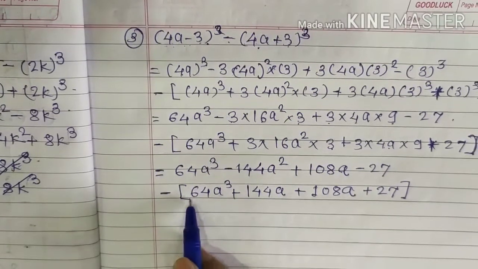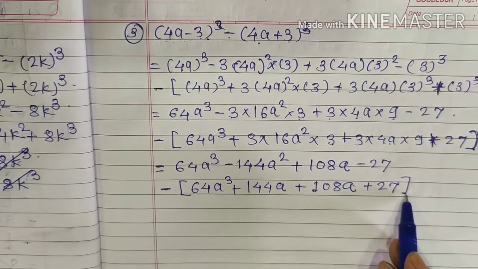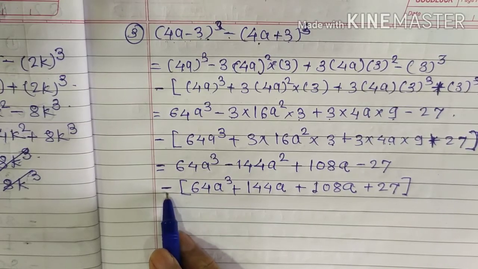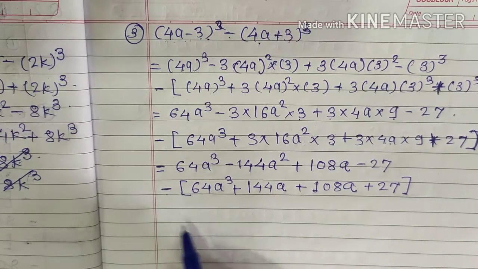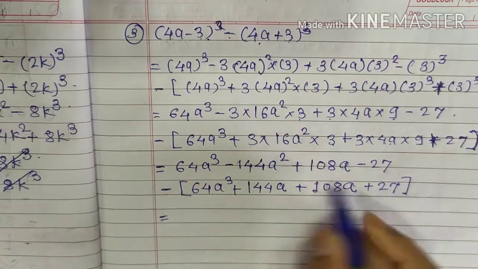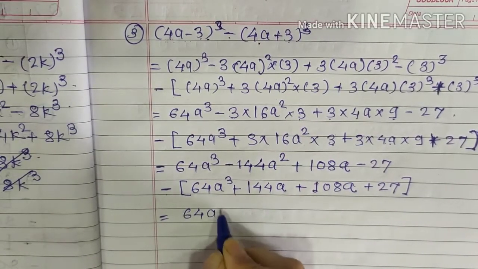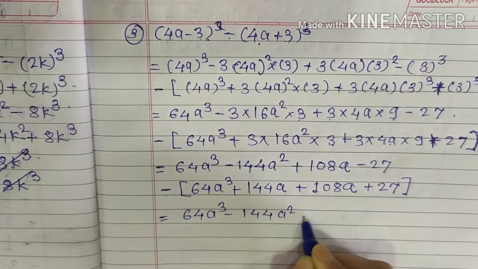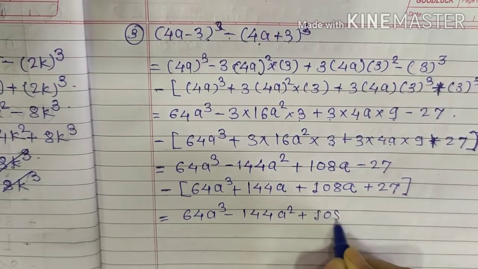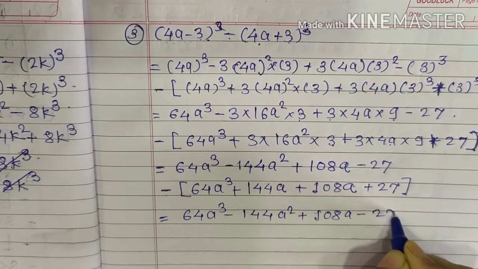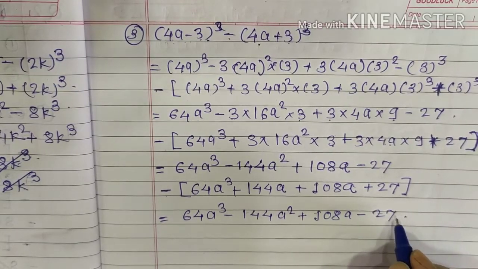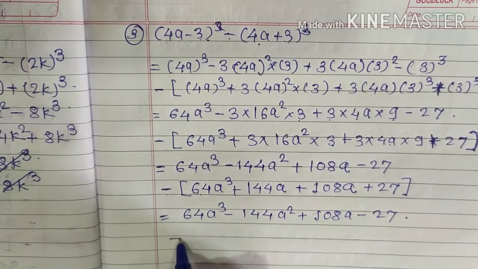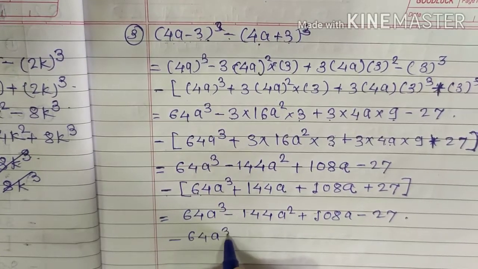Then we remove this bracket. For this we change the signs because there is the minus sign outside the square bracket. Then we get this as it is: 64a cube minus 144a square plus 108a minus 27. This is as it is. Then we change these signs. This plus becomes minus 64a cube.